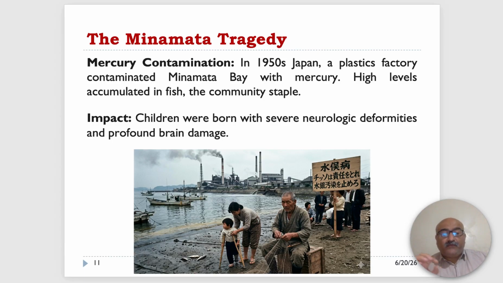In the 1950s in Minamata, Japan, a plastic factory continuously dumped mercury into the local bay. The mercury accumulated heavily in the local fish, which was the staple of the community's diet. The adults suffered neurological issues, but the most tragic impact was on the children.